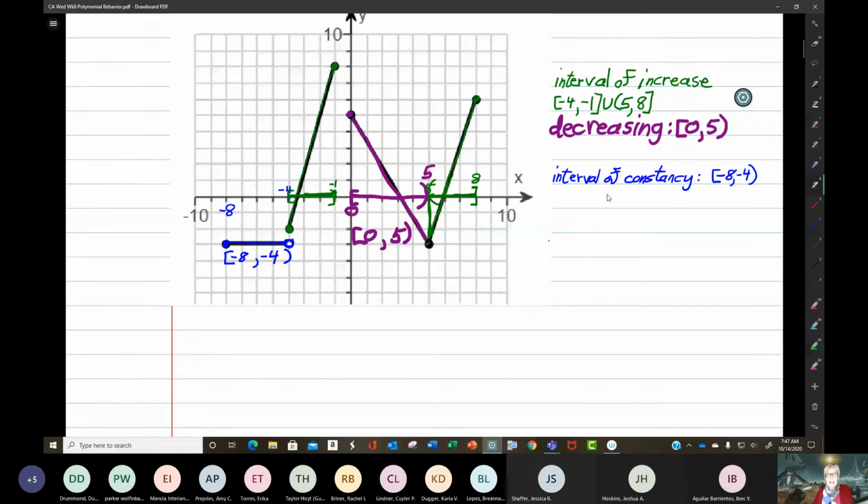Now, that's the way it should be, but there's also an argument that says, can the end point be said to be part of the increase when there is nothing increasing after this?